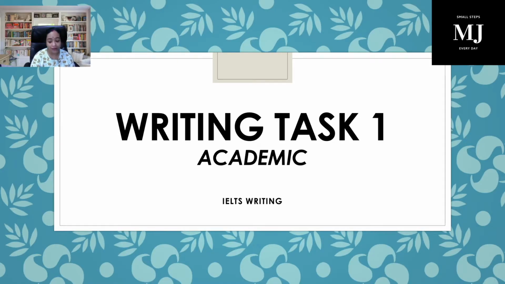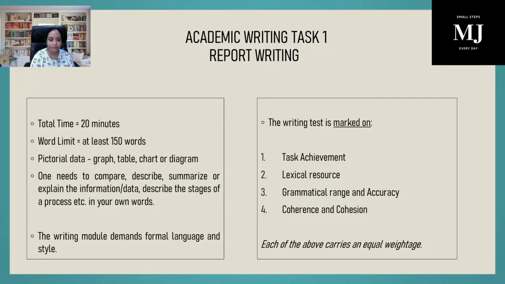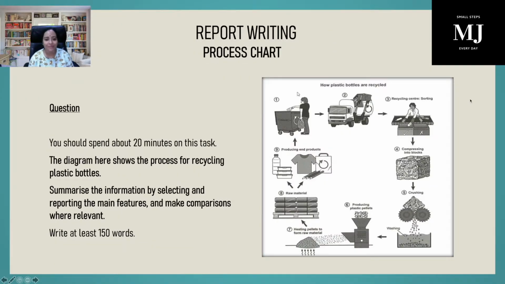This is again pertaining to academics, so remember that. Okay, so let's come to the process chart now. Going through the question. The diagram here shows the process for recycling plastic bottles, and same is what is written as the heading of the chart. Now, how many stages are there? If you count, you will see that there are 9 stages.